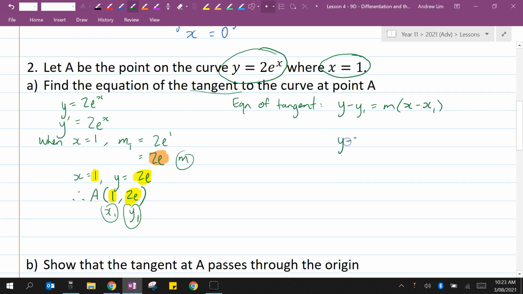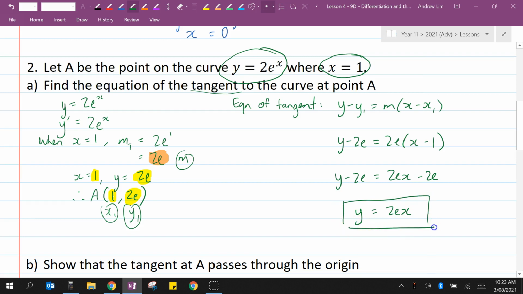So we have y minus 2e is equal to m, which is 2e, bracket x minus x1, which is 1. Let's expand these brackets. We have y minus 2e is equal to 2ex minus 2e. And then we can add 2e to both sides, so y is equal to 2ex. And that's the equation of the tangent at point A.